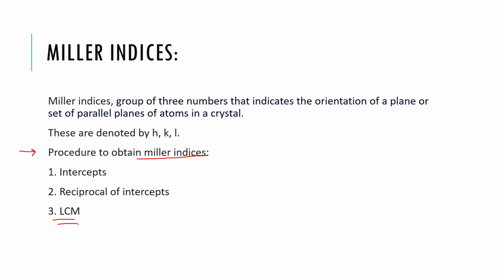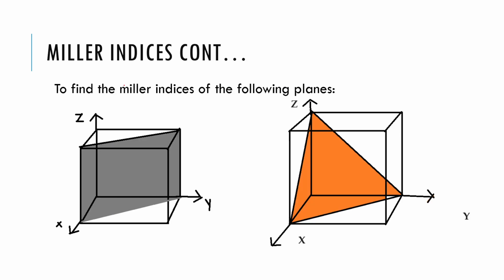Now let's see how to find the Miller indices in the following examples. Considering this plane, I will take the distance from the origin to the x-axis as 1 unit, the distance from the origin to the y-axis as 1 unit, and since there's no intercept along the z-axis, the intercept is at infinity, so I will consider this intercept as infinity.